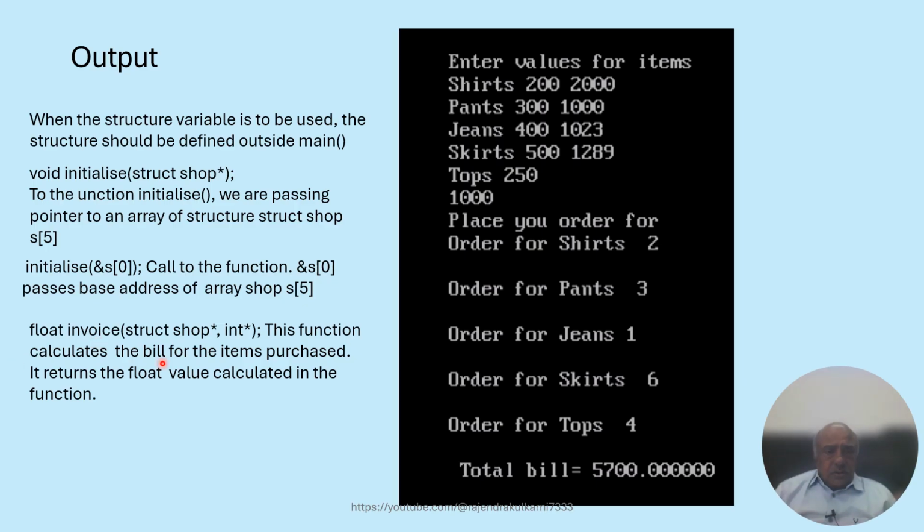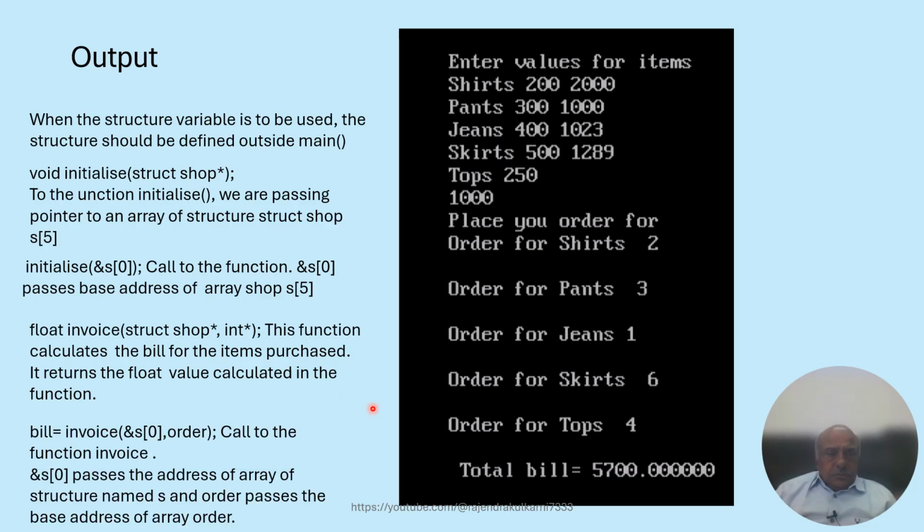The invoice function returns a float value, which is the bill for the items purchased. How are we making the call to the function invoice? bill = invoice(&s[0], order).